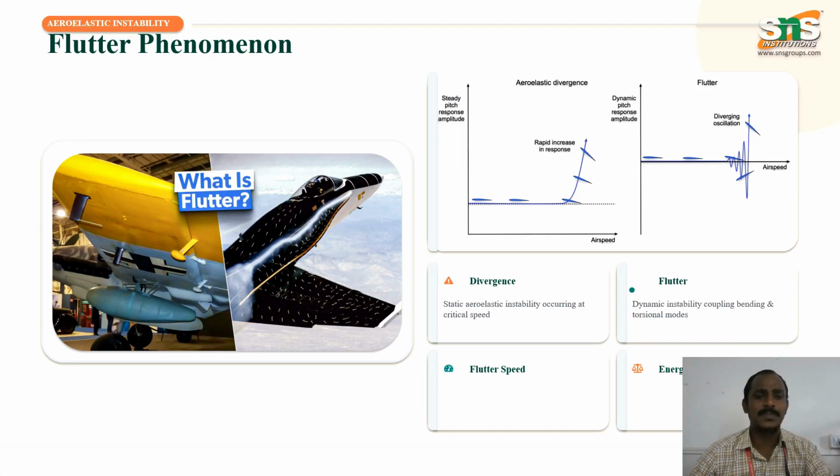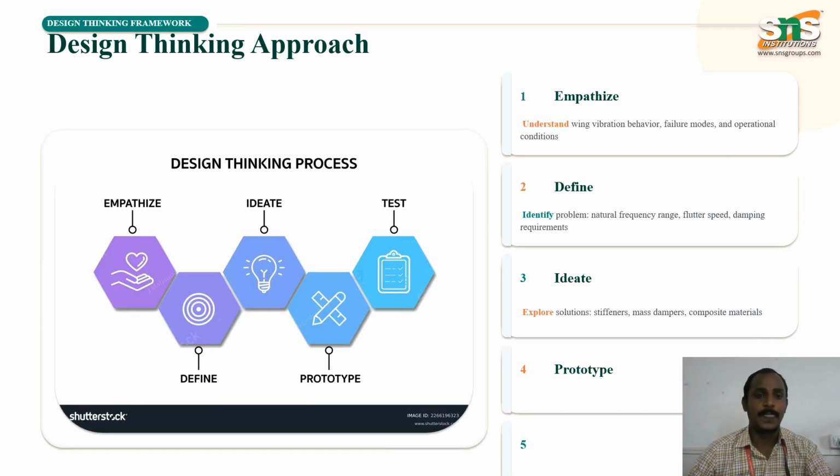At a critical airspeed called the flutter speed, energy from the airflow continuously feeds into the structure, causing vibration amplitude to grow rapidly. If not controlled, flutter can lead to catastrophic structural failure. This is why every aircraft undergoes extensive flutter analysis and testing before aviation certification.